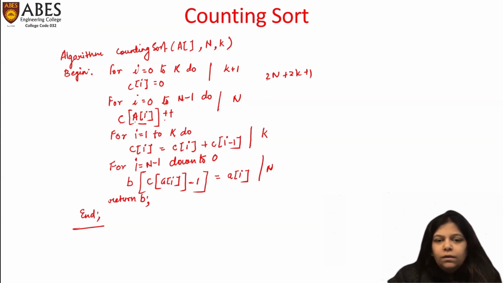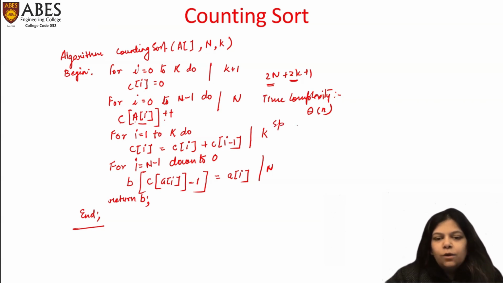As we know that k is very small with respect to n, the total time complexity of the counting sort algorithm can be represented by theta of n, right?